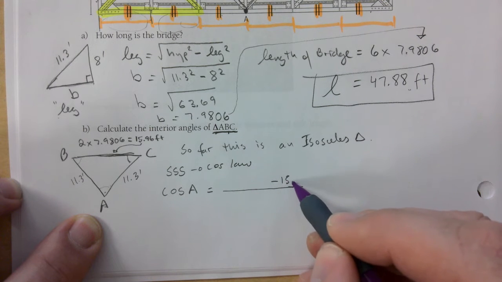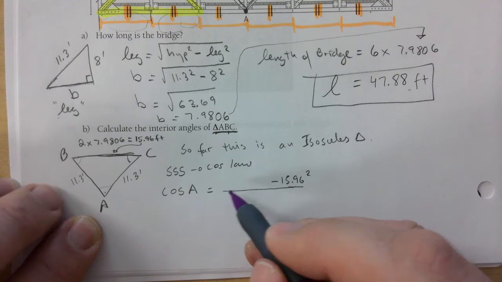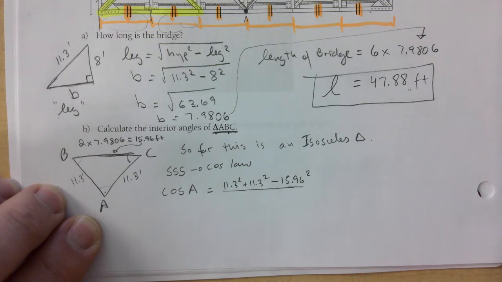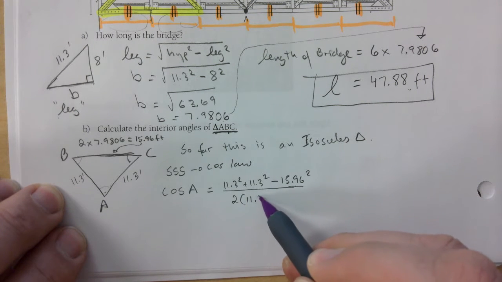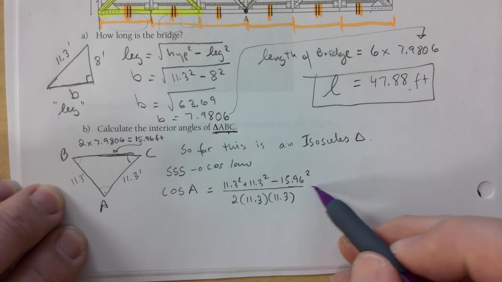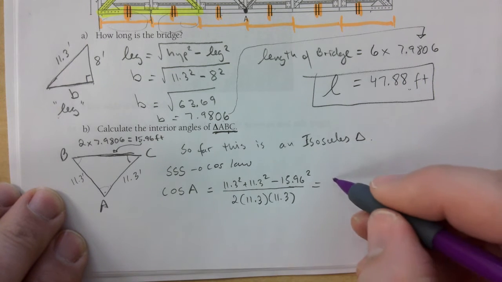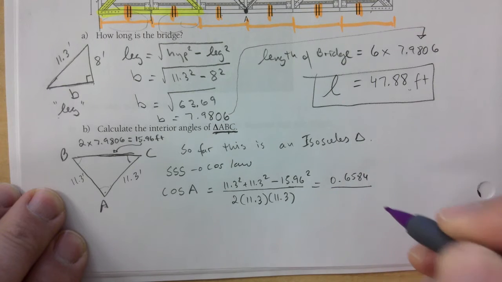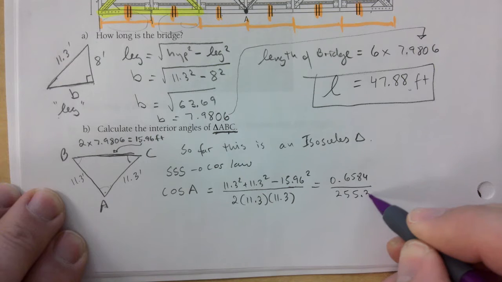You did subtract the side across, and that was done well. There's 11.3 squared plus 11.3 squared. And at the bottom, you have 2 times 11.3 times 11.3. Just happens to be like that. Let's come up with the top. That gives you 0.6584. And the denominator gives us 255.38.